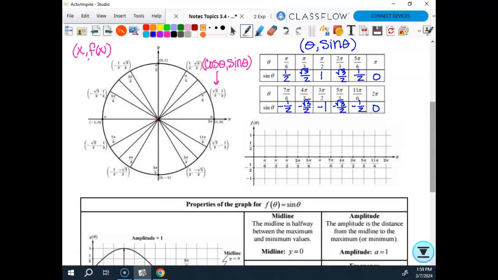Here's the other thing you need to keep separate in your mind: you've known what the quadrants are for a long, long time, right? But until we started talking about this trig stuff, you probably hadn't really thought or talked much about the quadrants. And then we've been talking about them all the time with the unit circle. And it is important that we know this is quadrant 1, this is quadrant 2, this is quadrant 3, this is quadrant 4.